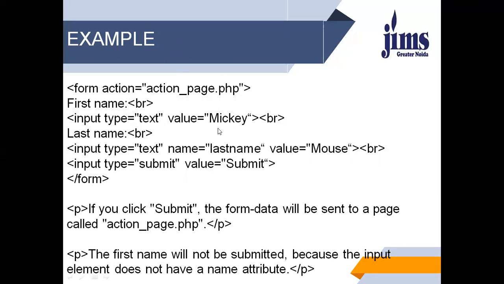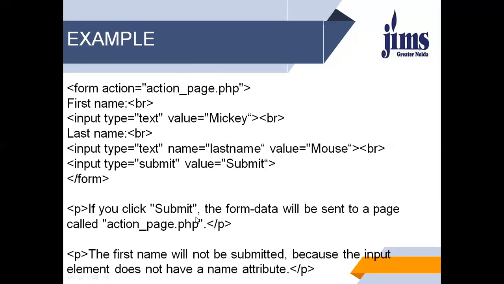We have mentioned value equal to Mickey, so whenever you run your file, the name Mickey will appear in the text box. Then for last name, you have mentioned the value Mouse, so by default this value will be displayed in your text box. You have taken one submit button with value submit, so one button will also appear.